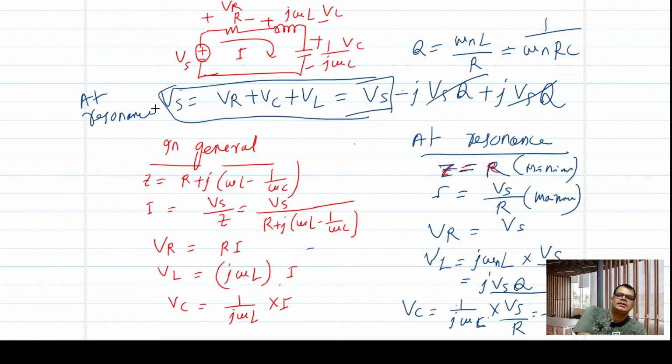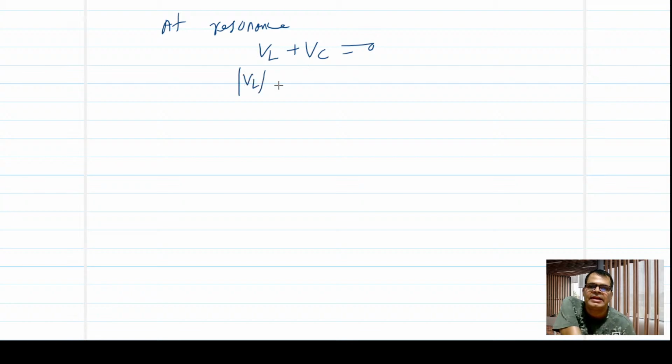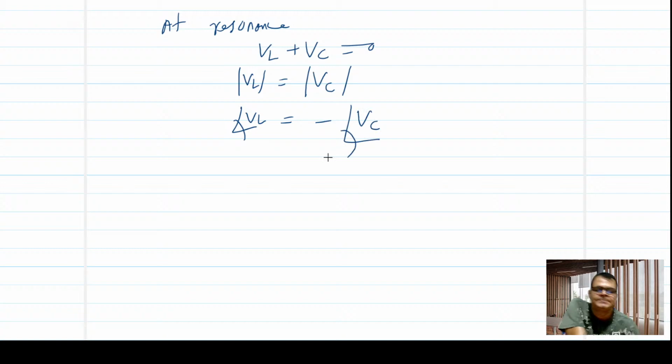So what you see here at resonance is that the sum of the VL vector and VC vector is 0. What does it mean? The magnitude of VL is equal to the magnitude of VC, but the phase of VL is the negative of the phase of VC.